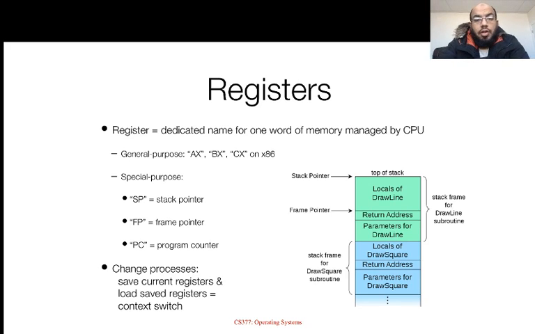You have the stack pointer, which points to where you're reading from memory, or what instruction you're running now from the program. You have the program counter that tells you where you're going to go next to fetch the next instruction.